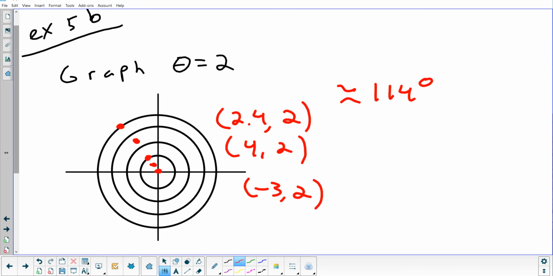So now you're going to go 3 to the left, and you're going to go a little bit more than 90 degrees. It's going to make a diagonal line. So now we're getting the whole picture. It's called a slanted line. So if you let theta equal 2, you get a slanted line, depending on the angle. It could have a positive or negative slope. And lines that go through the origin are not that bad to draw.